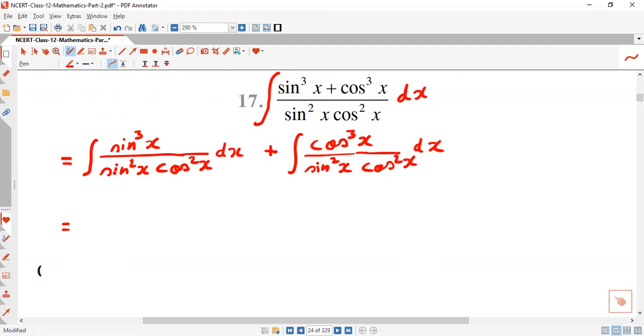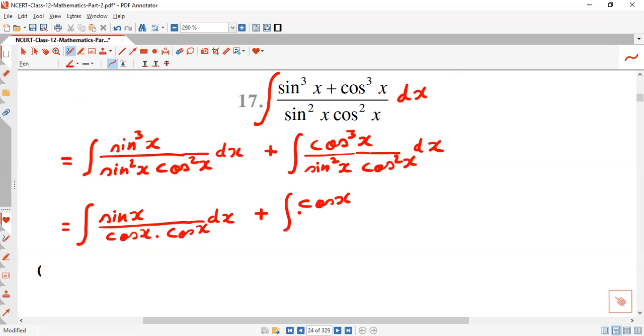I will separate that. You see, sin cube x is in the numerator and sin square x in the denominator, so taking sin square x cancels, we are getting sin x, and cos square x can be written as cos x into cos x, dx. Plus, here cos cube x and cos square x cancel out, and we are getting the numerator cos x divided by sin x into sin x dx.